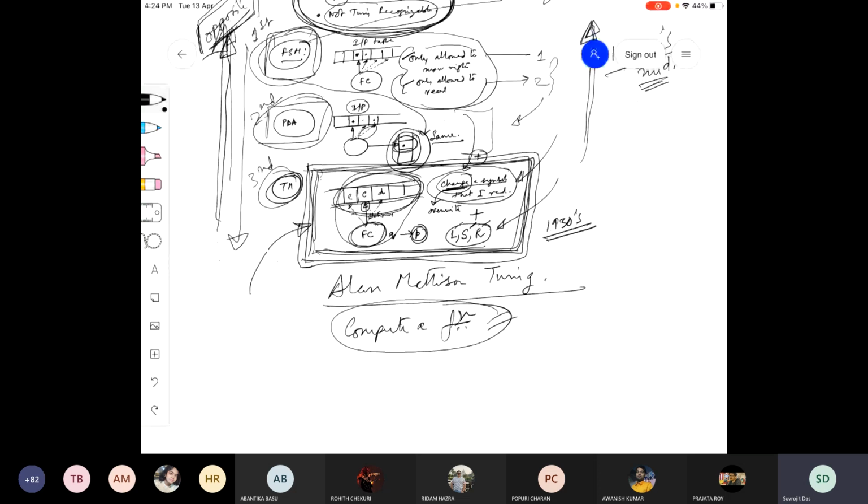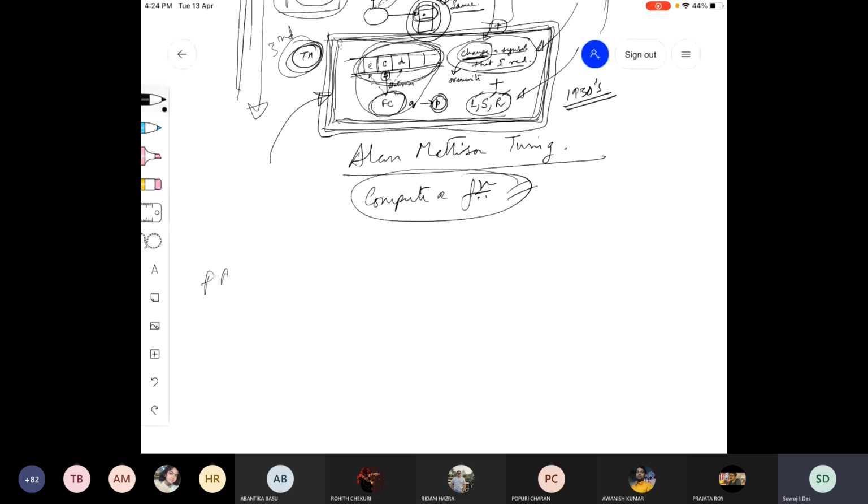nearly a 1.5 hour class, and then I can discuss how pure mathematics had its problem. Pure maths had its problem of defining a function. What do we mean by a computable function?